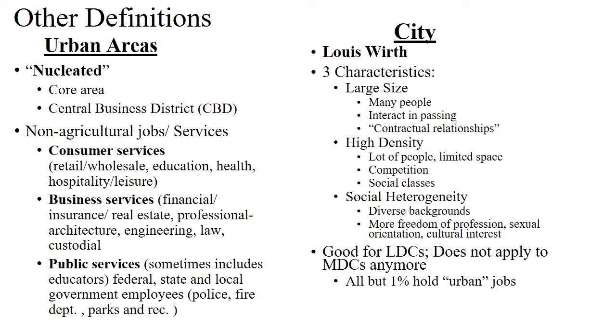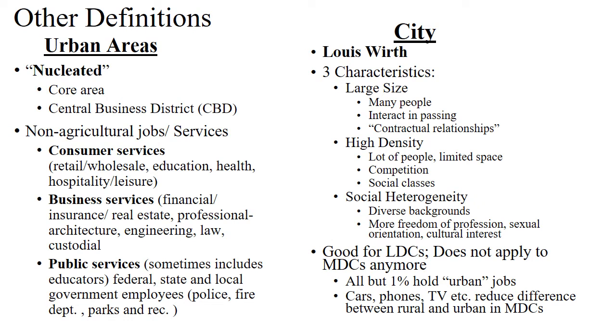So there's not a giant distinction between city people and rural people there, right? It's not like everybody in rural areas are farmers. Also, things like cars, cell phones, TV, high-speed internet, fast food, and other things like that make the difference between city and rural life less distinct, right? As you can find McDonald's and good cell phone service and internet in basically any community in an MDC, right?